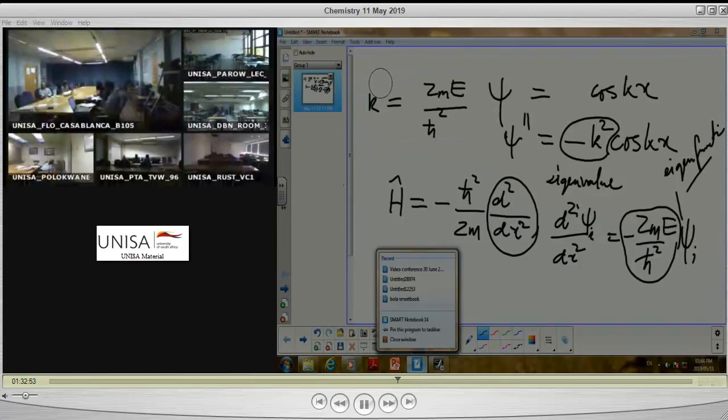Now, the reason why I'm doing all this is to come back to the question. The question says that you must find out if those functions here are eigenfunctions of the operator.